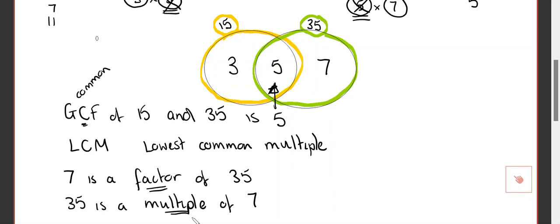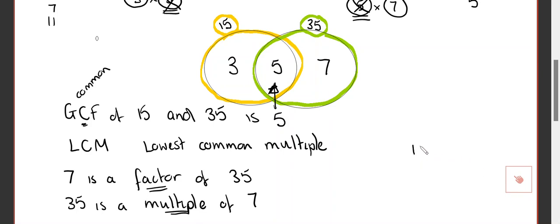So how do I find the lowest common multiple from this method? Well, it's a number that both 15 and 35 have in their times tables. So what could that be?